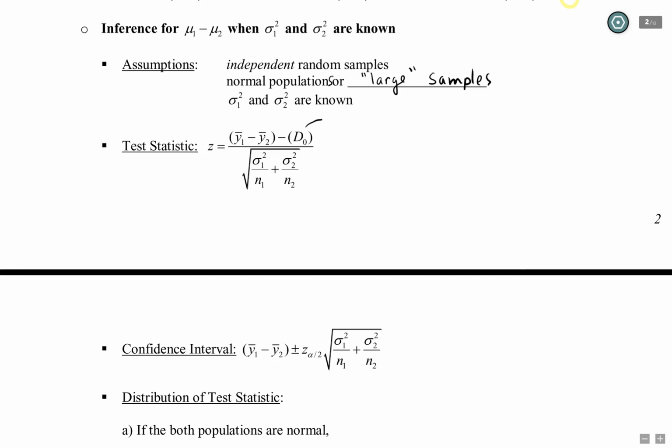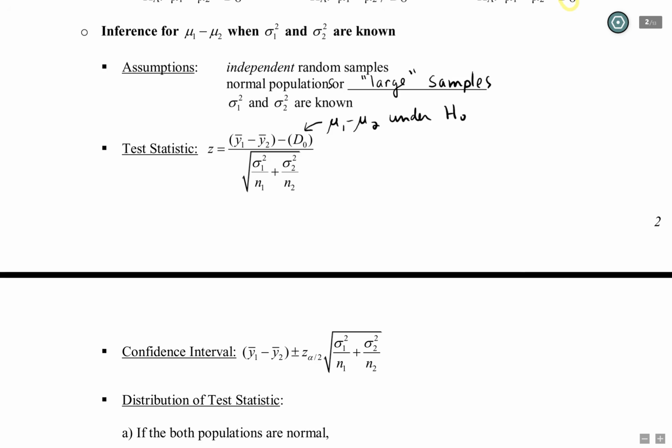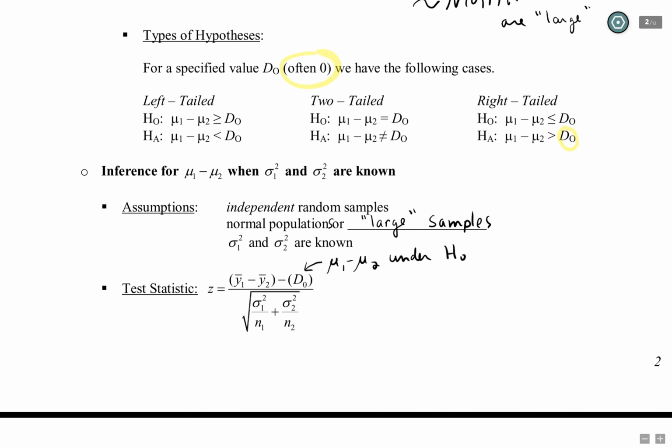And this right here is actually mu1 minus mu2 under the null hypothesis. For example, in the two-tailed test, mu1 minus mu2 is d naught under the null.